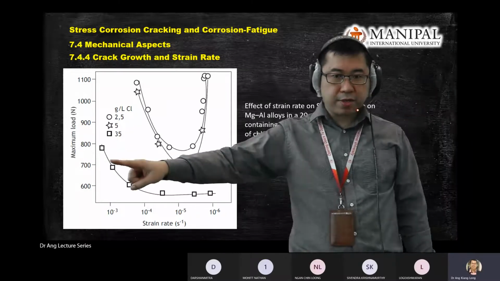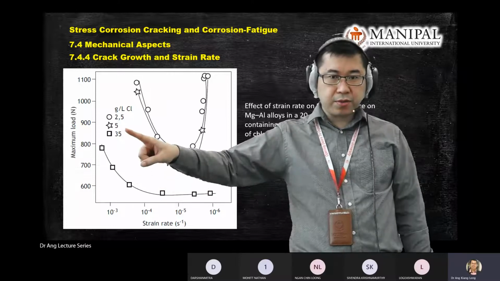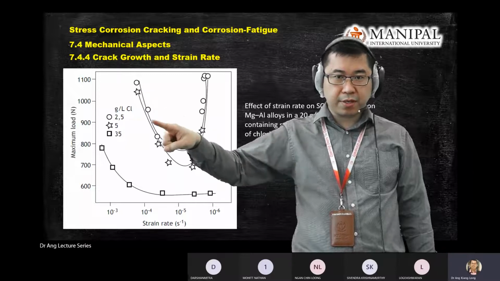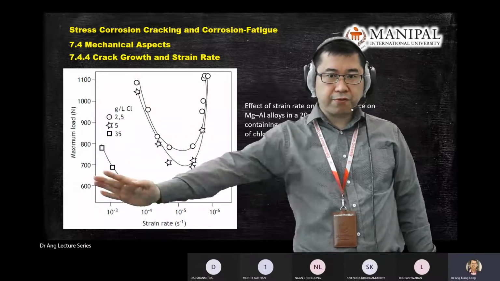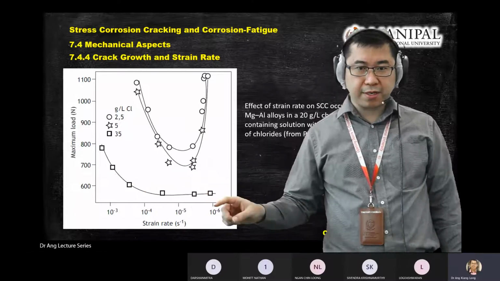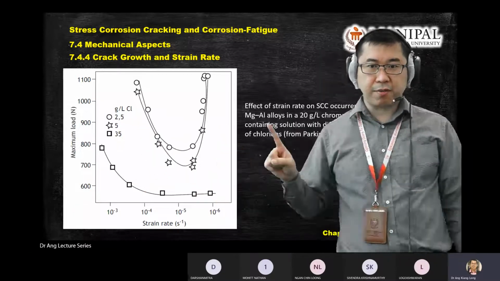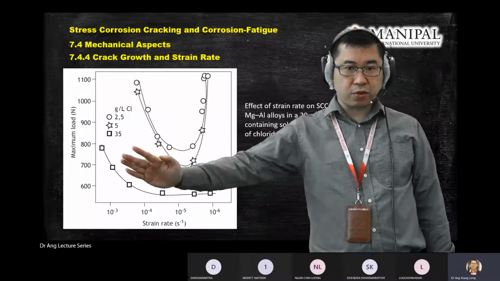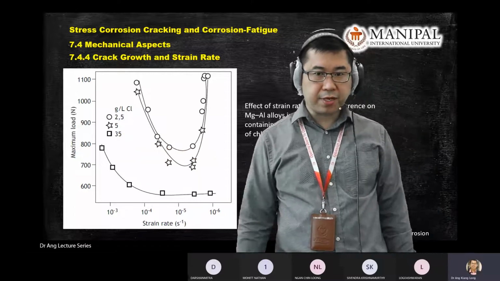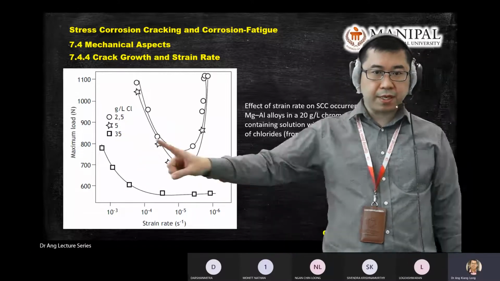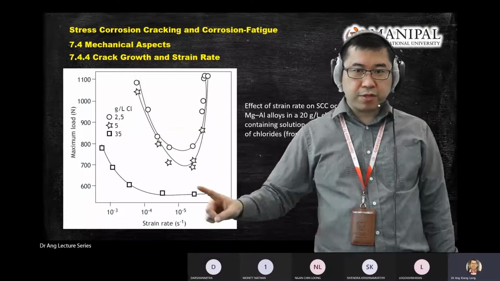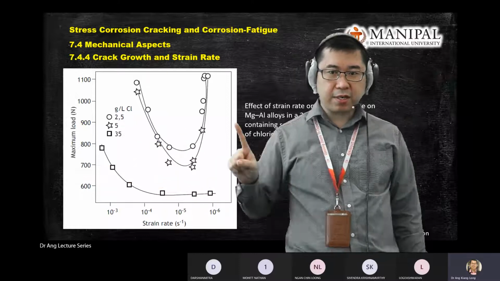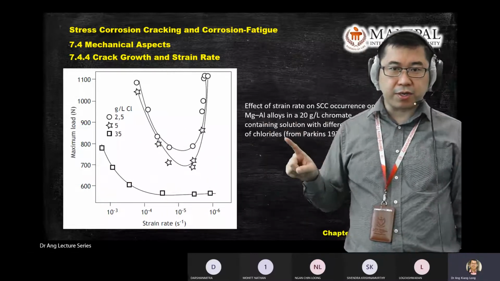So as you increase the chromate solution from 2.5, you see the blue circle curve shift towards the left side of the graph. You shift towards the left-hand side, meaning the loading reduces, the value reduces as you increase the chromate solution, right?